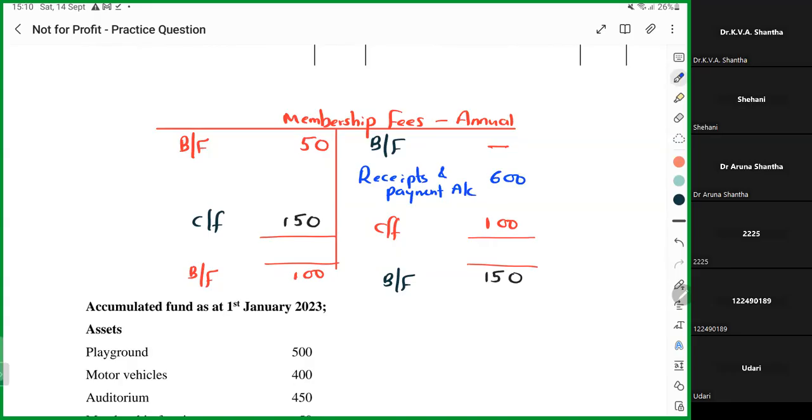The total membership fees for the year is income that goes through the income and expenditure account. So 500, membership fees account debit, income and expenditure account credit.